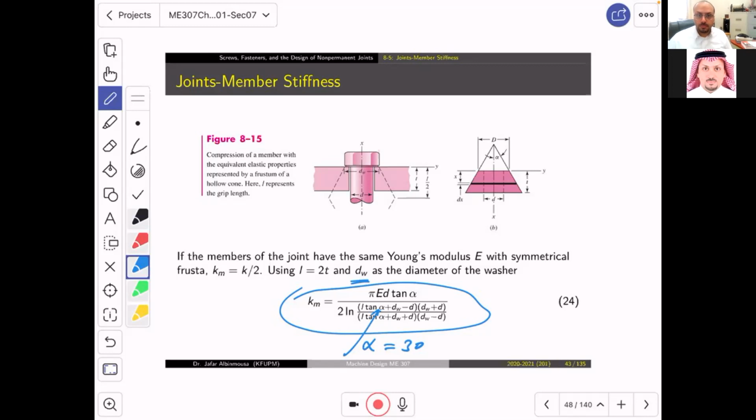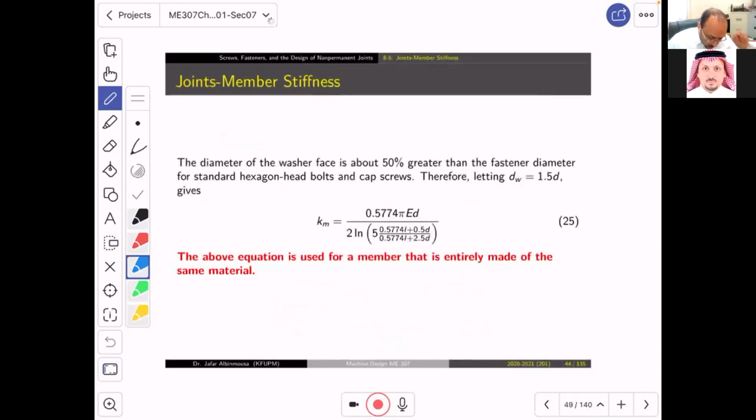And that's it. Now, what happens if you make a few assumptions over here? Usually the diameter of the washer is about 1.5 times greater than the hexagonal head of the bolt and the nut. So you can easily assume that the diameter of the washer is equal to 1.5 the diameter of the bolt, which is D. If you substitute that and substitute that the angle alpha equals 30, you will have the shortest equation possible for this problem.